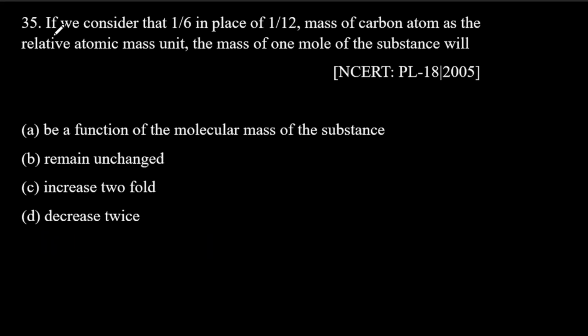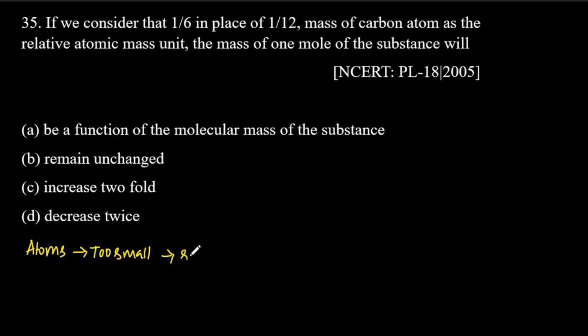The next question is, if we consider that 1 by 6 in place of 1 by 12 mass of carbon atom as the relative atomic mass unit, the mass of 1 mole of the substance will. In this question, relative atomic mass is given. We know relative atomic mass. What is the need to find the relative atomic mass? We know that atoms are too small and it is difficult to find their mass directly.